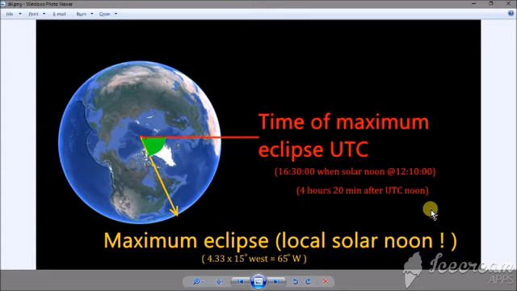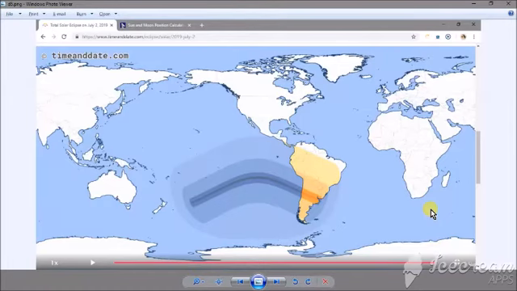Now let's get to a real life example. This is the coming eclipse on the 2nd of July 2019, and as you see, this is the path of the eclipse, and right here is the maximum solar eclipse point.